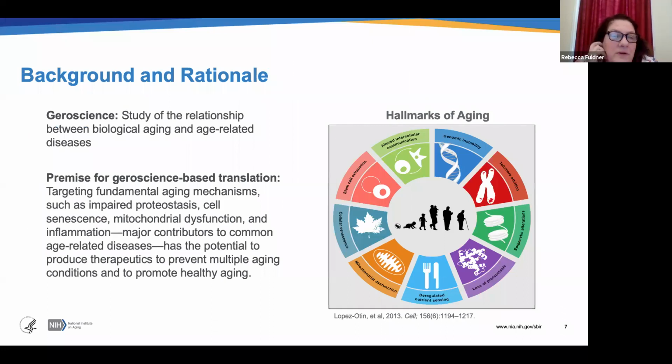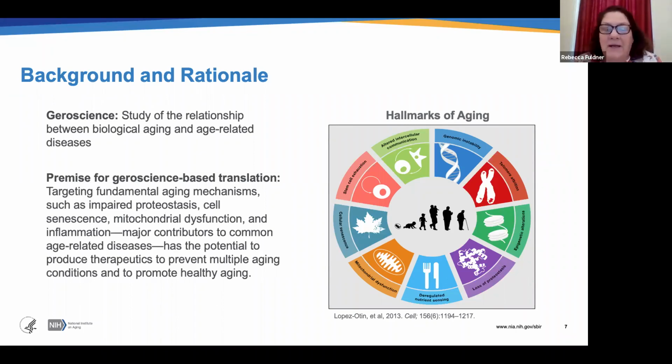So as you know, the field of geroscience has been advancing rapidly over the last decade. And I think we're at the point now where the interrelationship between the different processes of aging and the development and progression of various age-related conditions is now pretty well appreciated.